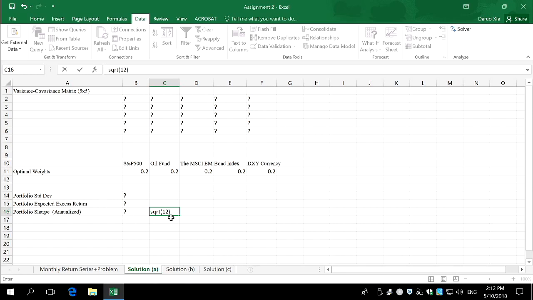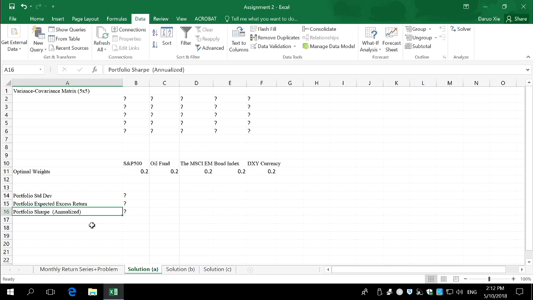Because return increases proportionally to time, but standard deviation increases proportionally to the square root of time. Then 12 over square root of 12, that's just square root of 12. So the annualized Sharpe ratio equals square root of 12 times the monthly Sharpe ratio. Is everyone clear about that?